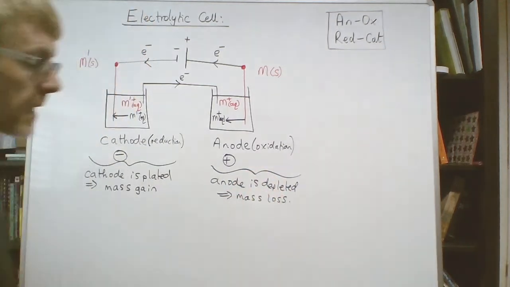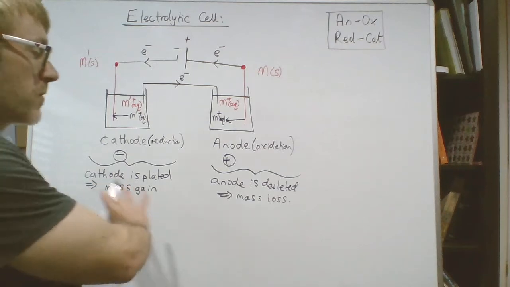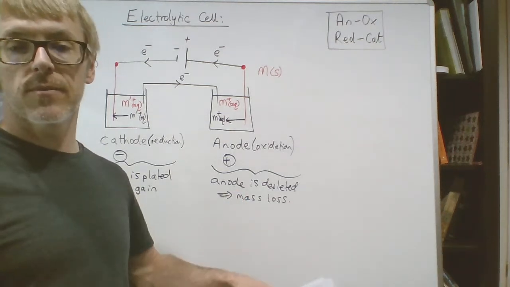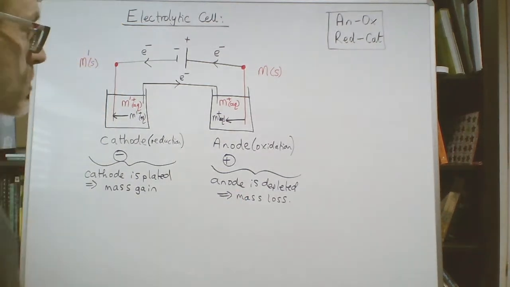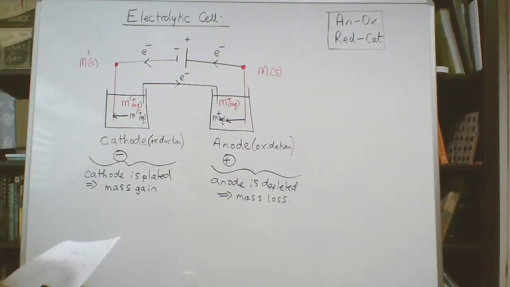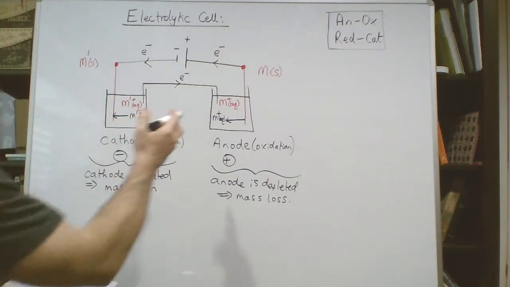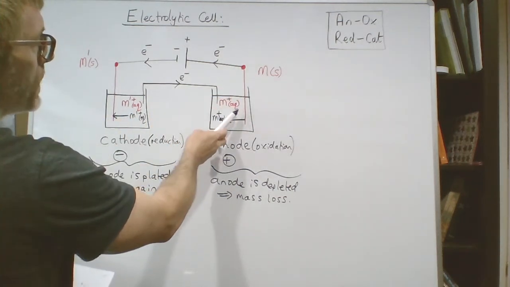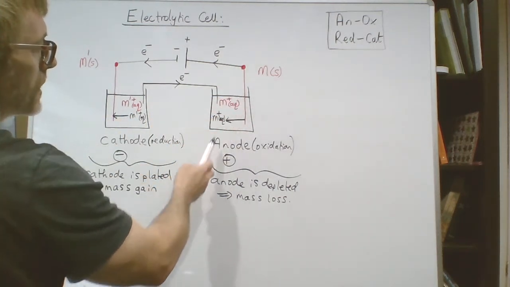So you could weigh these electrodes ahead of time. You could follow conservation of mass to make sure that you haven't created or destroyed mass. And this makes sense. We've got electrons being pulled out of the electrode here, the anode.